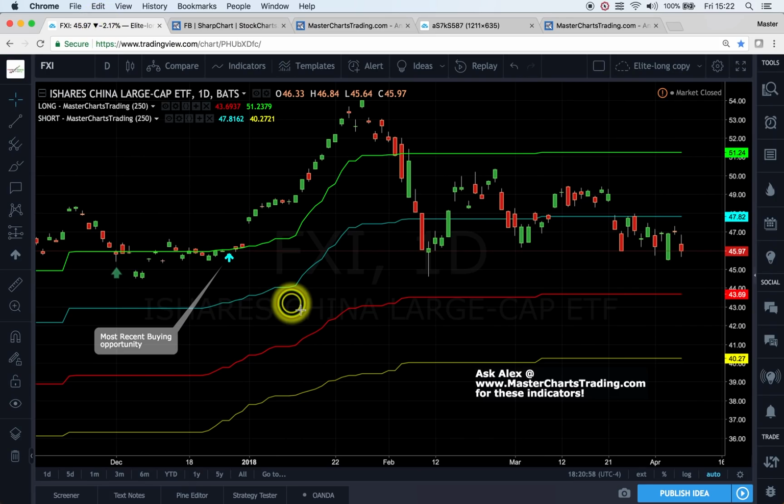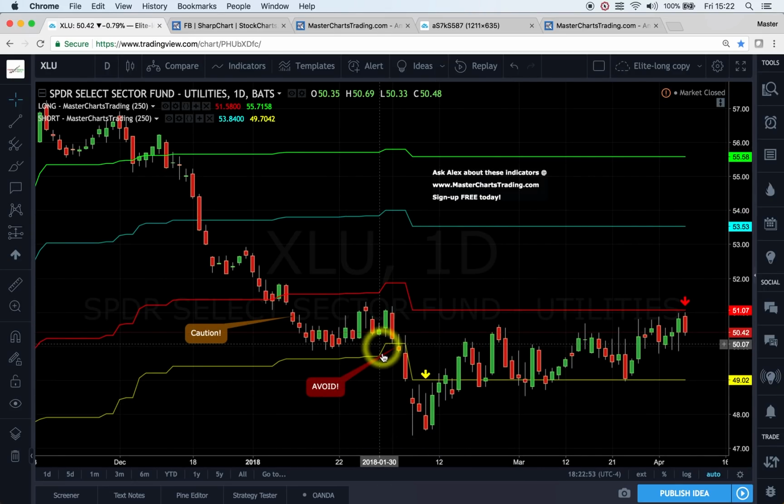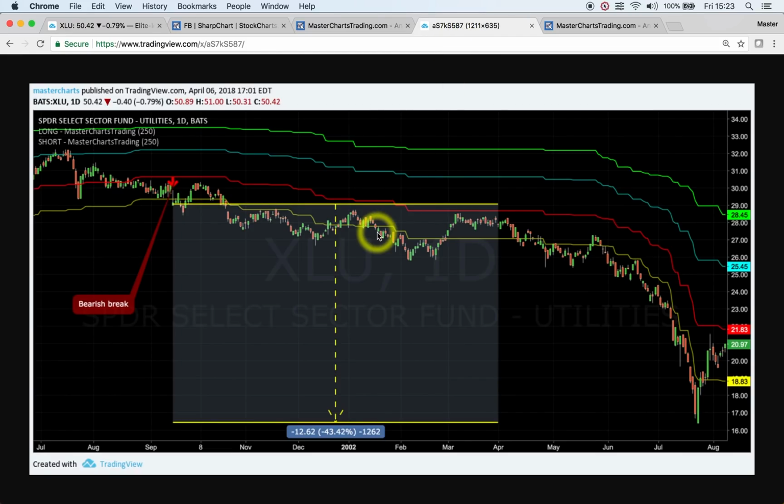So for example, here's utilities, XLU, and here when I said avoid, basically in early February of this year, 2018, I'm looking at this fund and I don't like it, so I'm just simply not going to own it. So this is my way of thinking, and what I wanted to show, here's utilities, and this is from 2001.